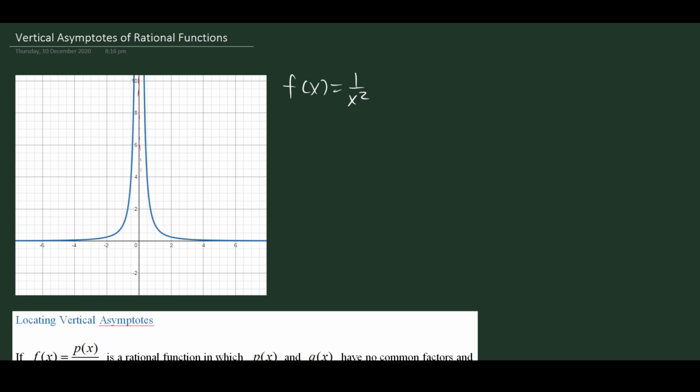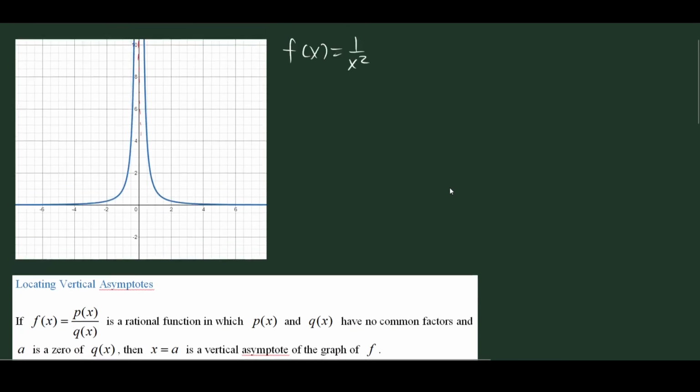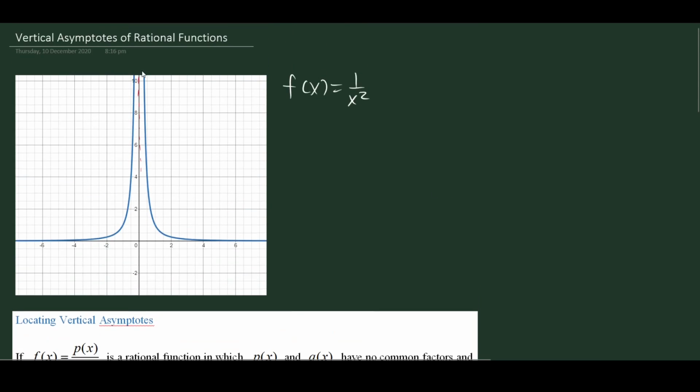Because if x is equal to 0, then the function will be undefined. That is actually how we define a vertical asymptote. So x is equal to 0 is a vertical asymptote of this function.